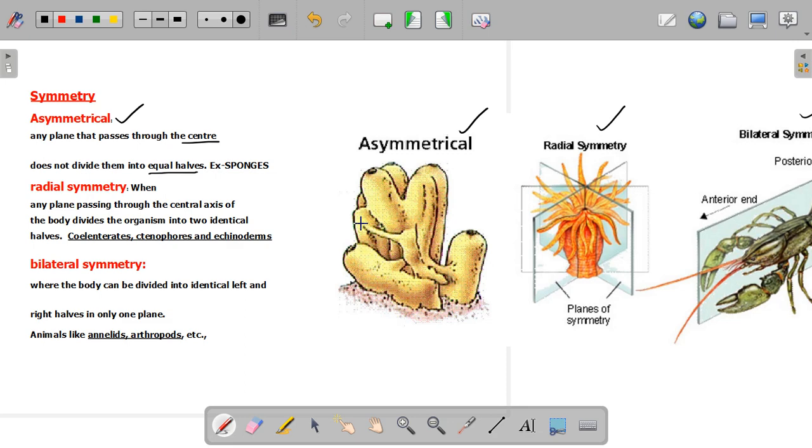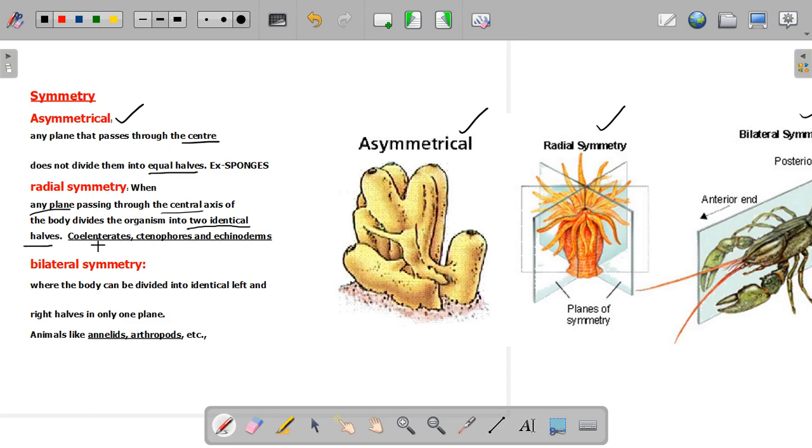And here comes the radial symmetry. Looking at this, you can see when any plane, take a knife, cuts in such a way that it touches the center of the body of the organism, passing through the central axis of the body, it can divide the organism into two identical halves. So this is called radial symmetry. You can see organisms like coelenterates, ctenophores, and echinodermata.